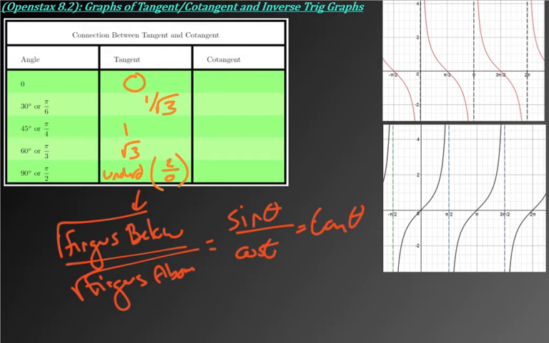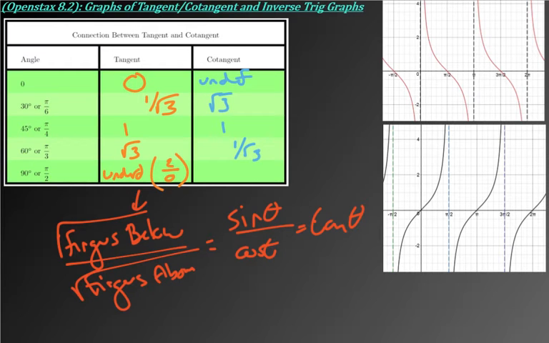Cotangent, you just take the reciprocal. 1 over 0, that one is going to be undefined. So we'll put undefined there. Flip that around, you get root 3. Flip that around, you get 1, right? And flip root 3 around, you get 1 over root 3.